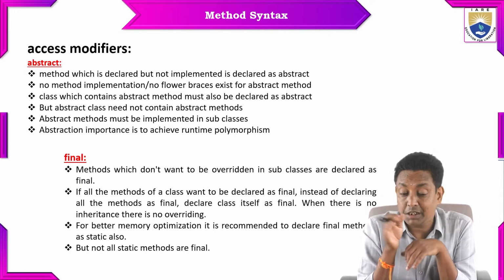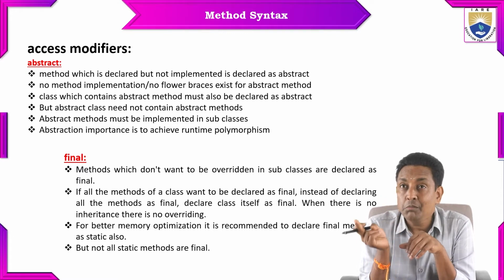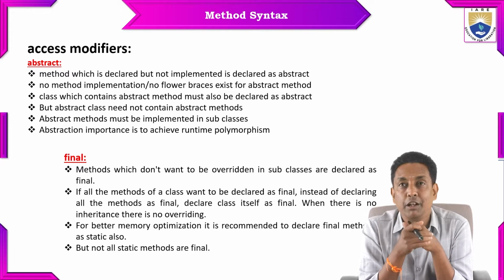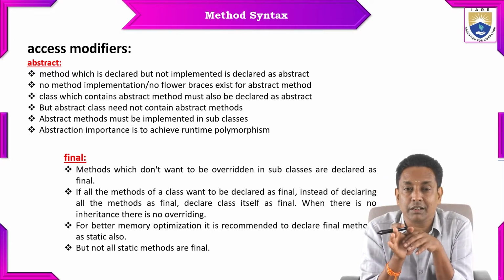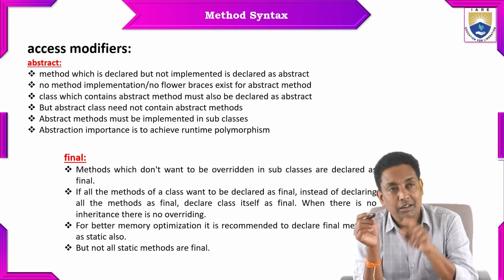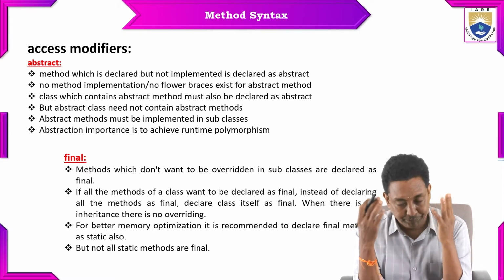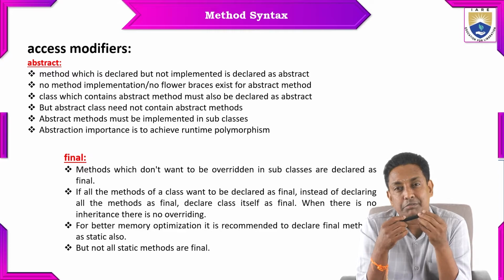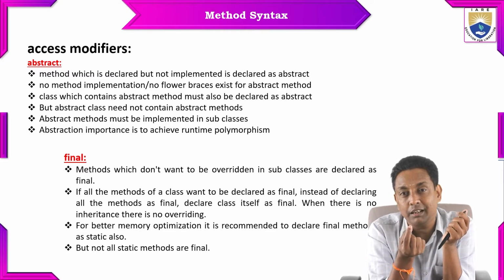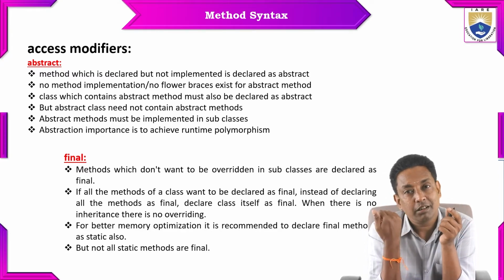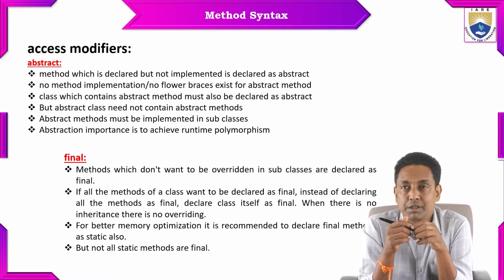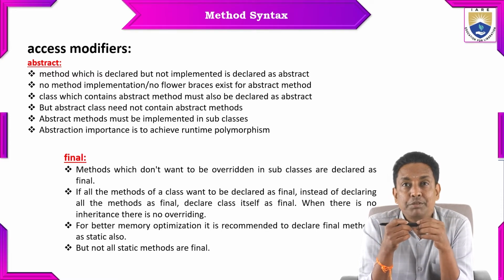A class which contains an abstract method must also be declared as abstract. If a class contains an abstract method, along with the method the class also becomes abstract. A class may consist of hundreds of methods, but if it contains a single abstract method, then the whole class becomes abstract. But abstract classes need not contain abstract methods.